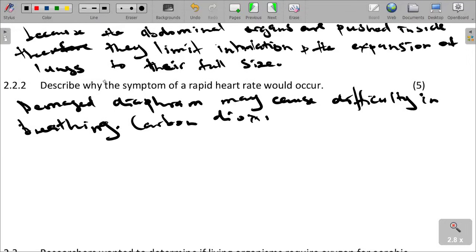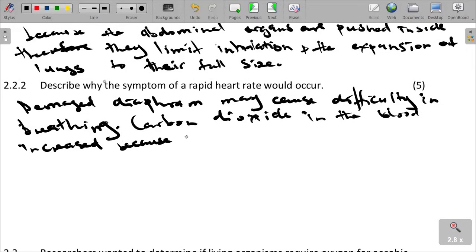Carbon dioxide in the blood increased. So therefore it will not be exhaled, because it is not effectively exhaled.